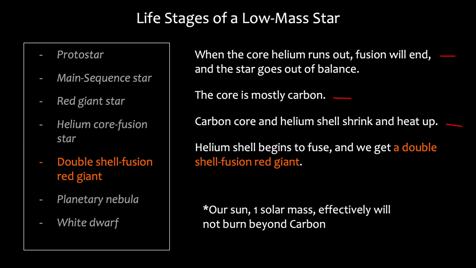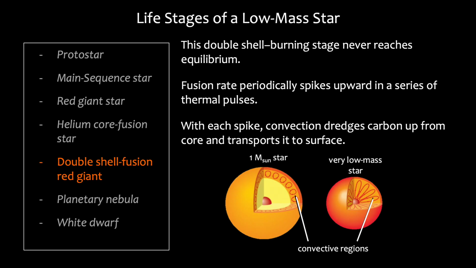At this stage, at the end of the helium burning, our star, the 1 solar mass or so, is effectively running out of fuel. Let me just read below. This double shell burning stage never reaches equilibrium.